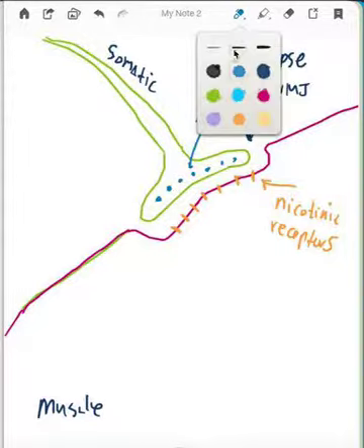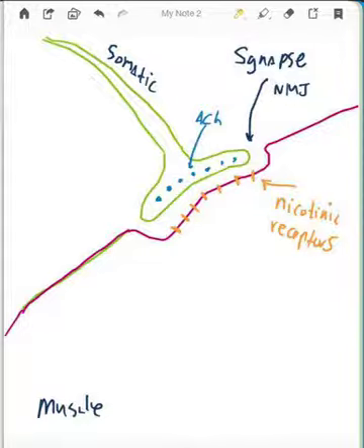And so what happens is, let's say I make a conscious decision to pick something up. That nervous impulse is going to make its way down the neuron here, and of course that nervous impulse is an action potential.